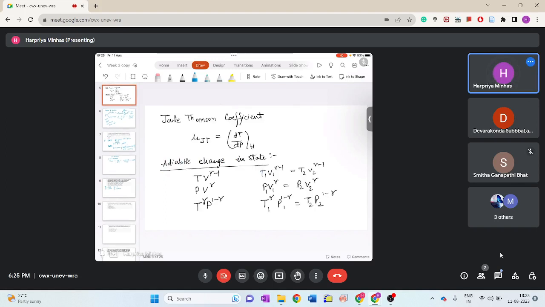So these are the equations that we use for adiabatic systems. Here we have temperature T1, pressure P1 and pressure P2, and we have to find this temperature T2.